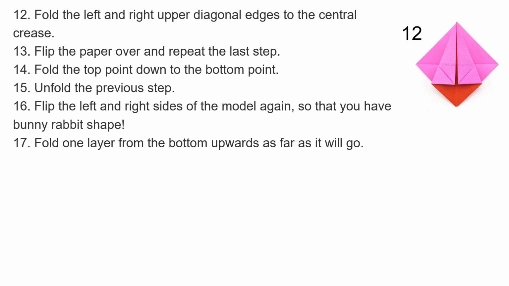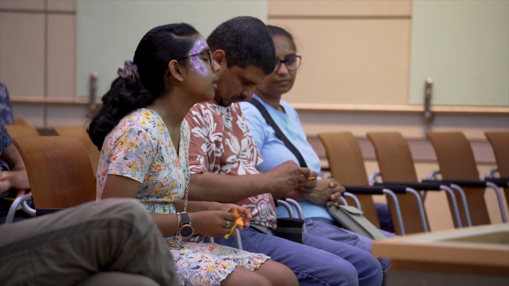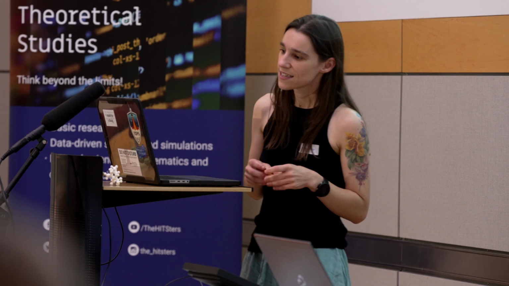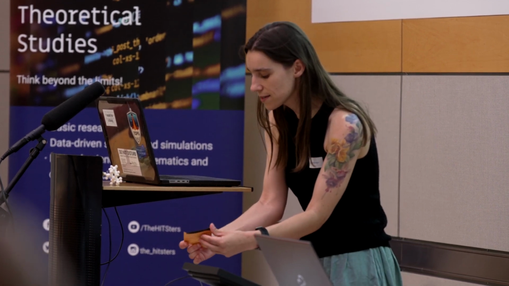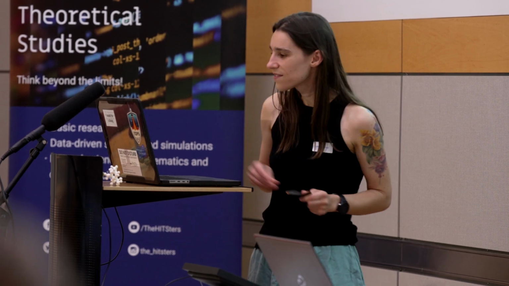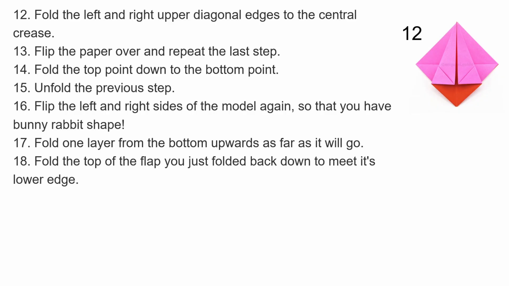Okay, now fold one layer from the bottom upwards as far as it will go. So again, like you do the opening thing, if you had it like this, you do like that. Okay, and then now fold the top of that flap back down to meet its lower edge.